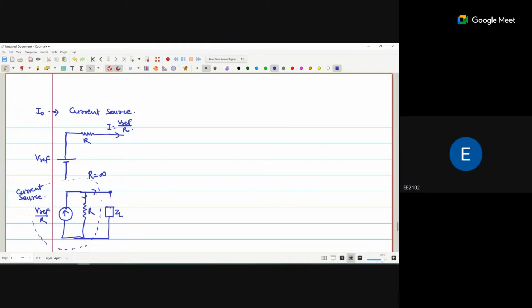So if we have some resistance R, the maximum we can assume is in terms of mega ohms. That means there is also a current flow I. And what is that current flow? Across this one, that is VL by R.